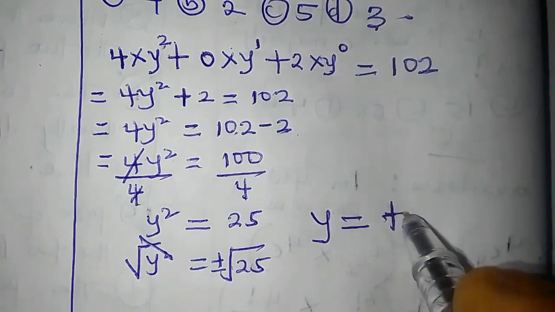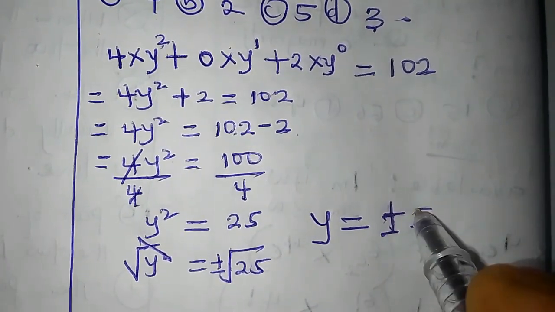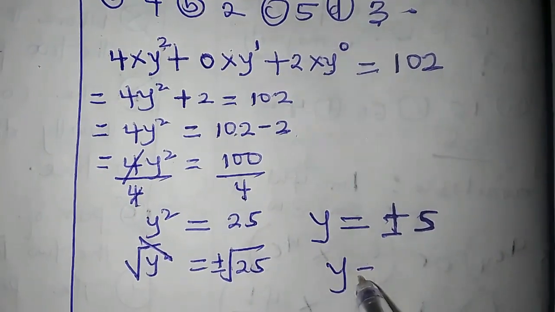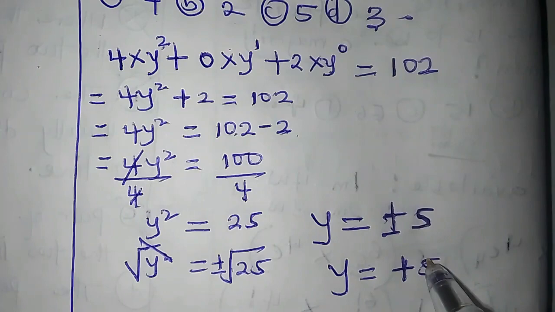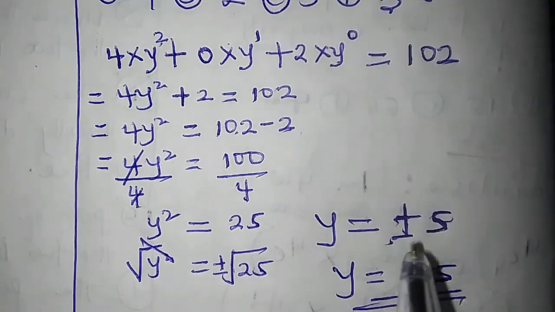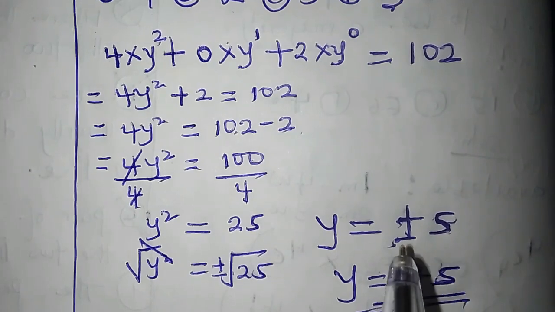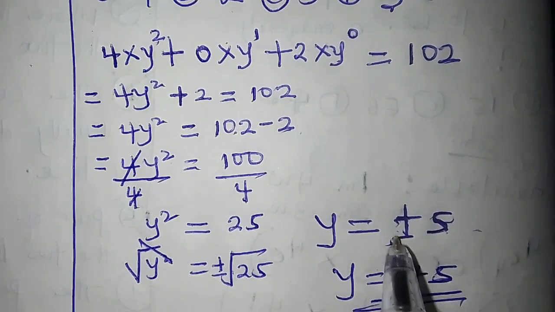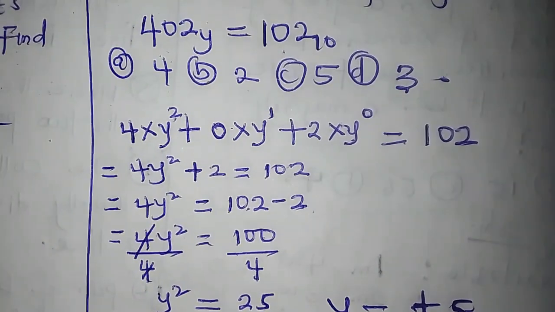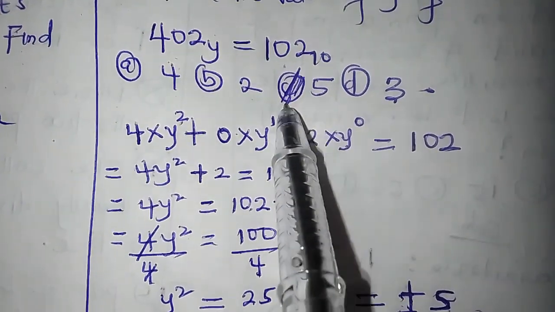So it is plus or minus 5. But base cannot be negative. So it means that y is equal to positive 5, not negative 5. We can't say it is -5 because the base cannot be negative. And this we can see under option C.